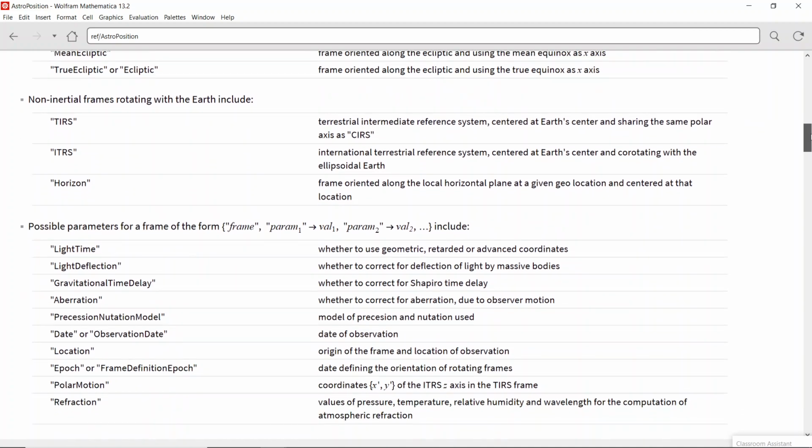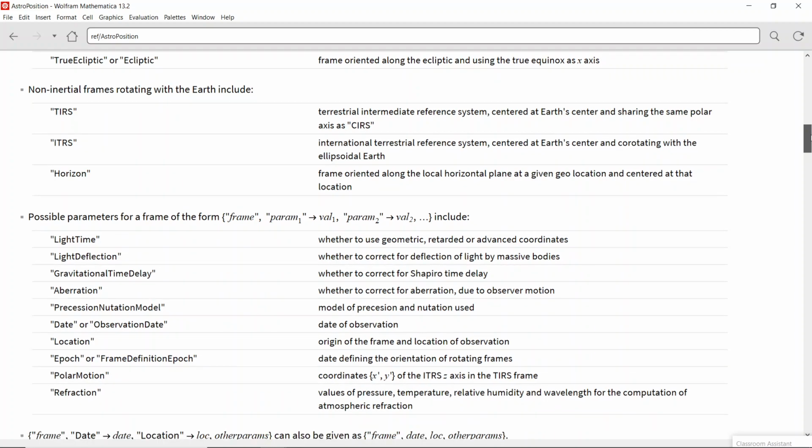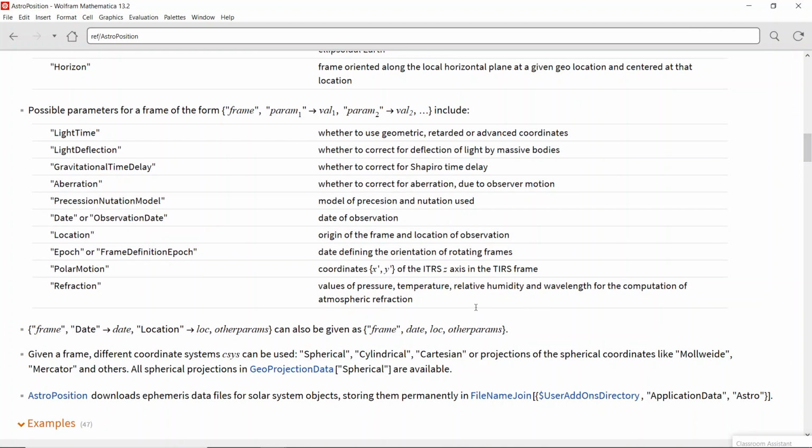Also, parameters for a frame of the form frame, parameter value, param 2 value 2 include light time, whether to use geometric, retarded, or advanced coordinates; light deflection, whether to correct for deflection of light by massive bodies; gravitational time delay, whether to correct for Shapiro time delay; aberration, whether to correct for aberration due to observer motion; precession nutation, model of precession and nutation used; date of observation; location, origin of the frame and location of observation; epoch, date defining the orientation of rotating frames; polar motion, coordinates x prime, y prime of the ITRS z-axis in the TIRS frame; refraction, values of pressure, temperature, relative humidity, and wavelength for the computation of atmospheric refraction.